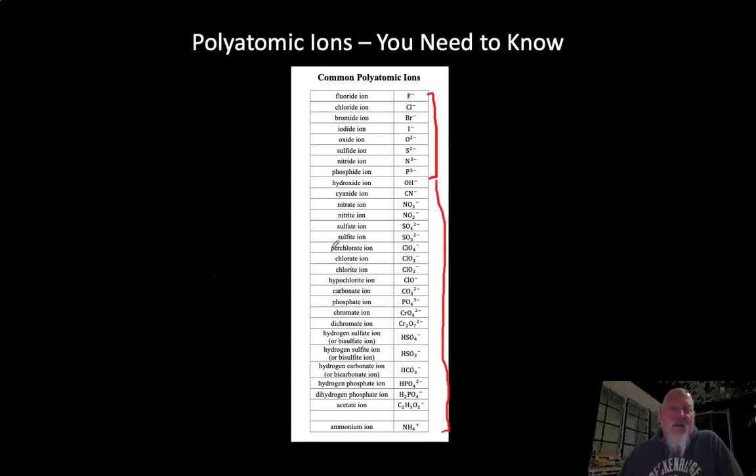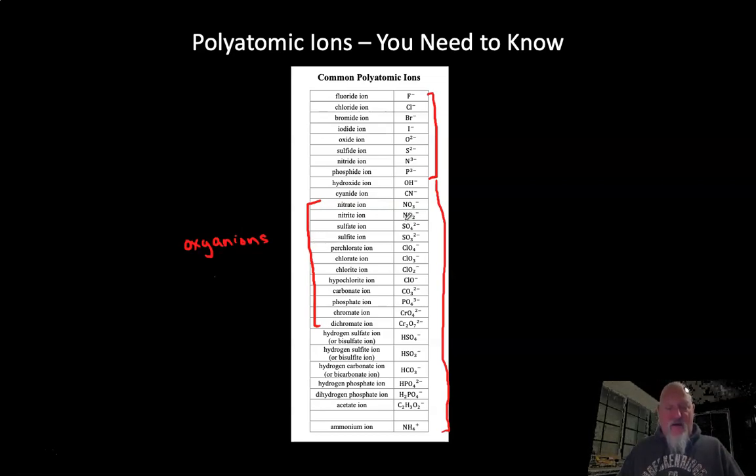Okay, but if we look at these, a lot of these are an element and oxygen. So nitrate, for example, is 1 nitrogen and 3 oxygens. Nitrite is 1 nitrogen and 2 oxygens, and so on. These kind of things are called oxyanions. And oxyanions are anions that are polyatomic.